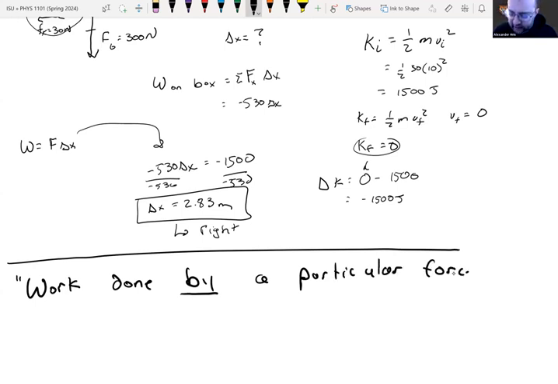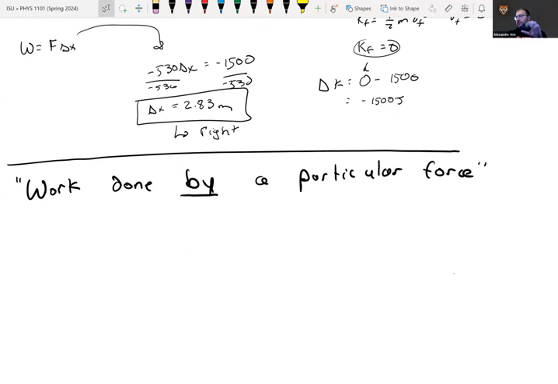Okay. And in this case, if we're asked for something like this, the work energy theorem doesn't really apply. Because the work energy theorem only works if we're dealing with the net force. So remember, work net equals delta K. This is only for F net.